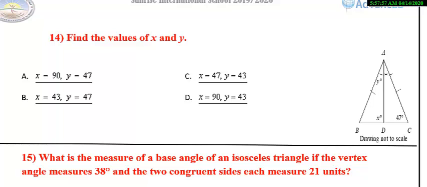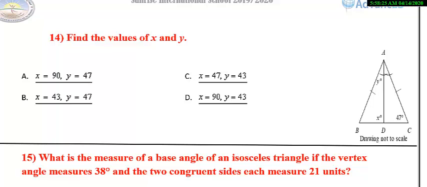Question number 14: find the value of x and y according to the given figure. In the figure, triangle ABC is an isosceles triangle. The measure of angle y is unknown, the measure of angle x is unknown, and the measure of angle C is 47. According to the given condition, I have to solve some algebraic expressions to find the values of x and y.